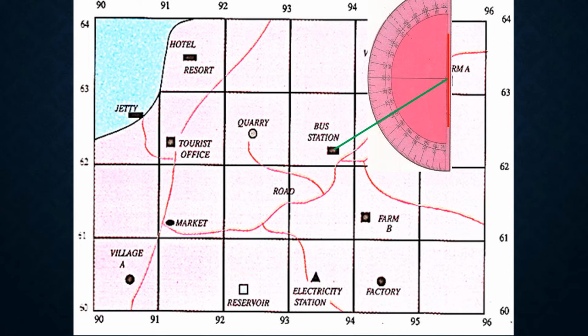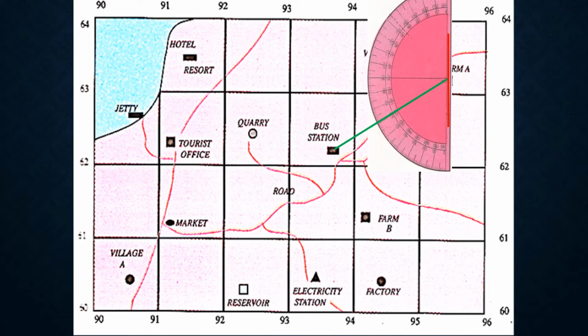So it should be 241. 241 degrees is the bearing of the bus station from farm A. So the bearing of the bus station from farm A is 241 degrees. Again, the bearing of the bus station from farm A is 241 degrees. All right, good.